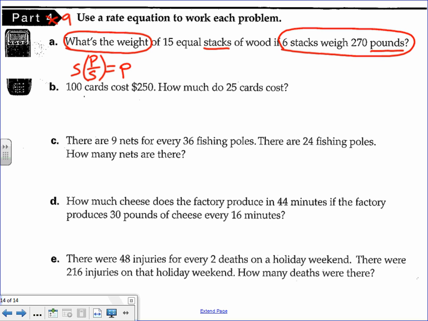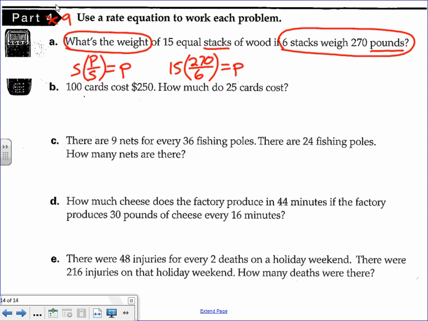So P is on top, so that means the 270 has to go on top, and the 6 has to go on the bottom of my fraction. And then I also notice that we have 15 stacks. That is what is going to go out front and multiply.